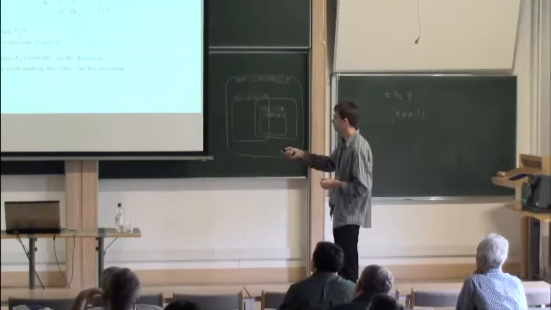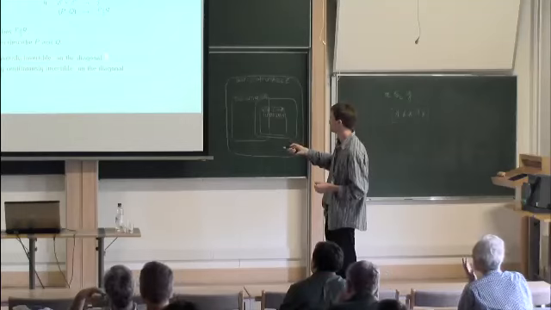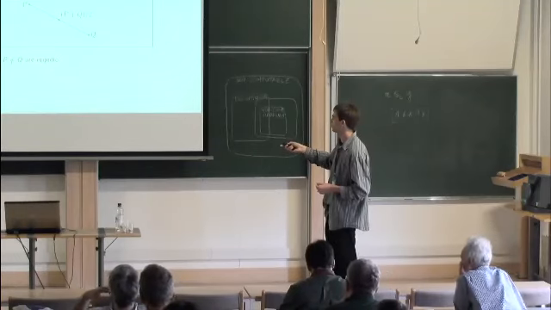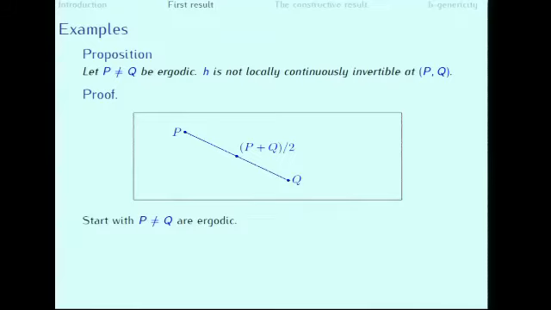So let me prove this. Actually, it's very visual. We want to prove that h is not continuously invertible at this point. You take two different ergodic measures, you have this average, and you want to change P and Q very much, but keep the average very close.